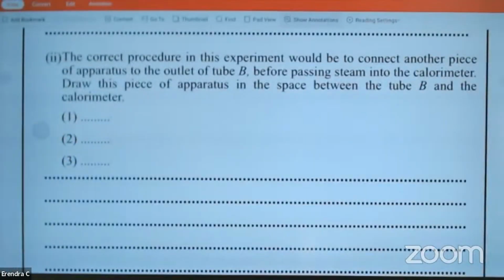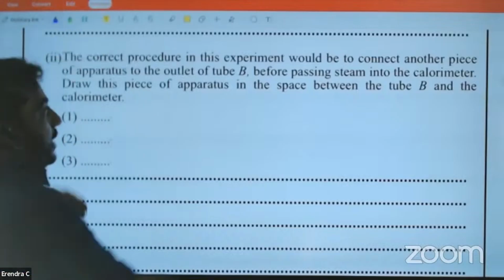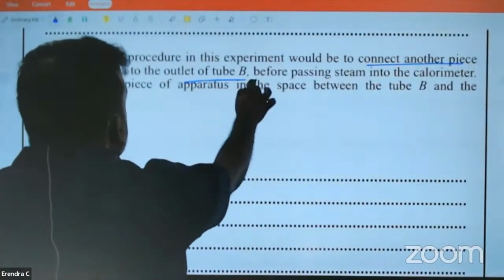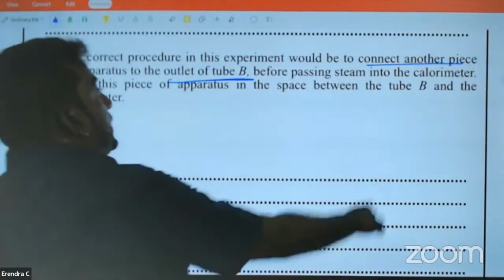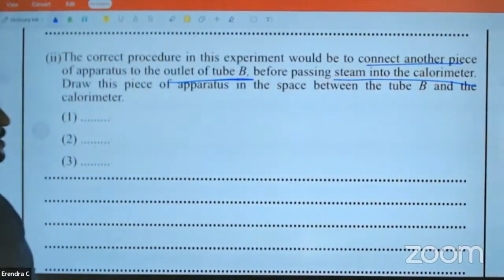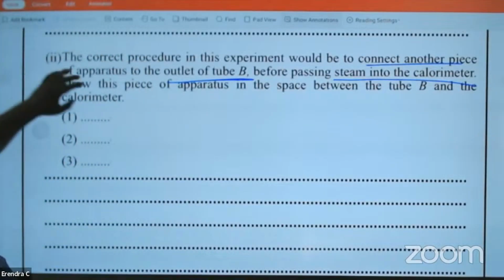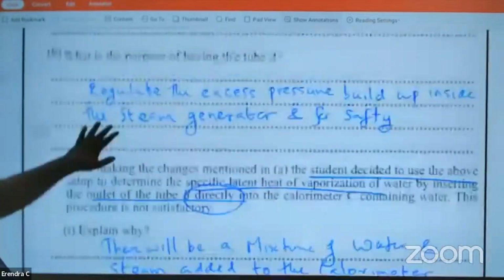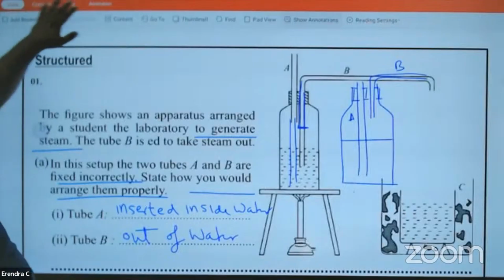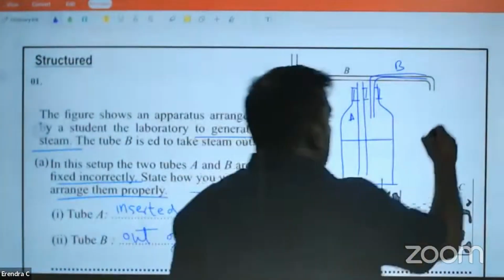Correct procedure in this experiment would be to connect another piece of apparatus to the outlet of tube B before passing it into the calorimeter. Draw this piece between the space given. Let's draw this.